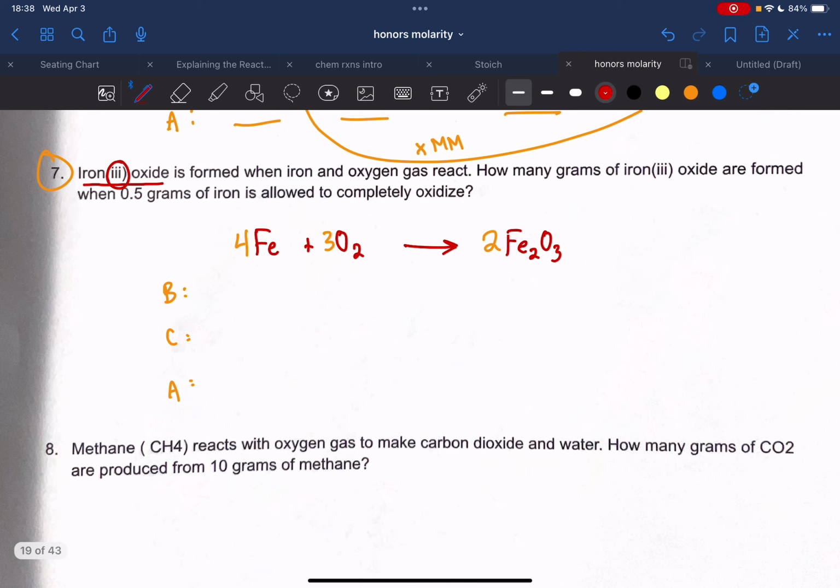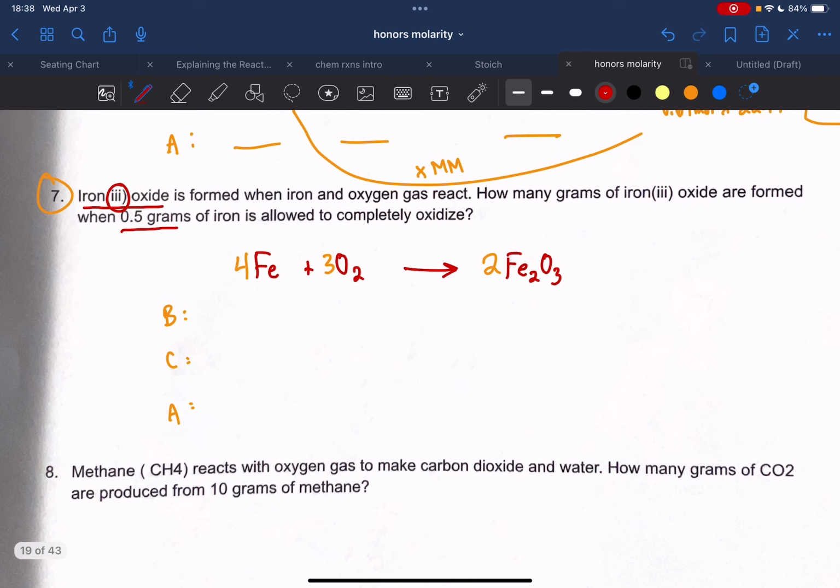All right, so 0.5 grams of iron, we're allowing that to completely oxidize. So I'm going to be starting with my 0.5 grams of iron before the reaction. But just like in all the other ones, I have to first convert my 0.5 grams to moles. So I'll divide by the molar mass of iron, which is 55.85 grams per mole.